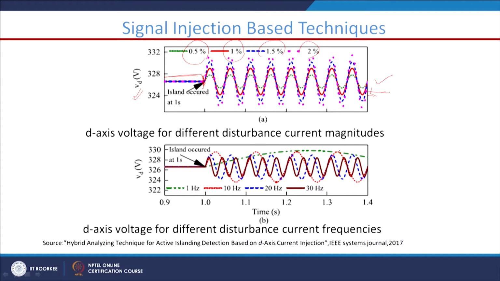Similarly, in the second figure we have taken 1 hertz, maybe we can take 10 hertz, 20 hertz, 30 hertz. Here we are just varying the frequency of the injected disturbance signal. If you vary that, the pattern of this measured, basically estimated, Vd will also vary. So, based on this concept, we can always detect whether this microgrid is islanded or not islanded.